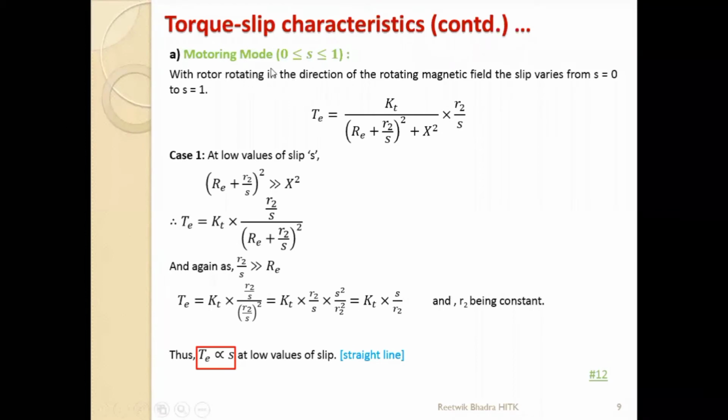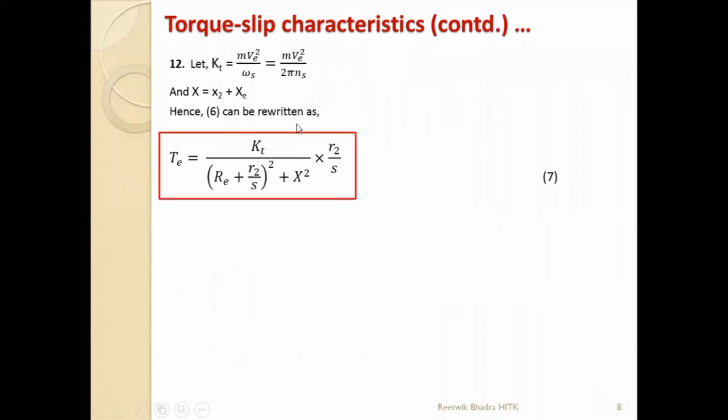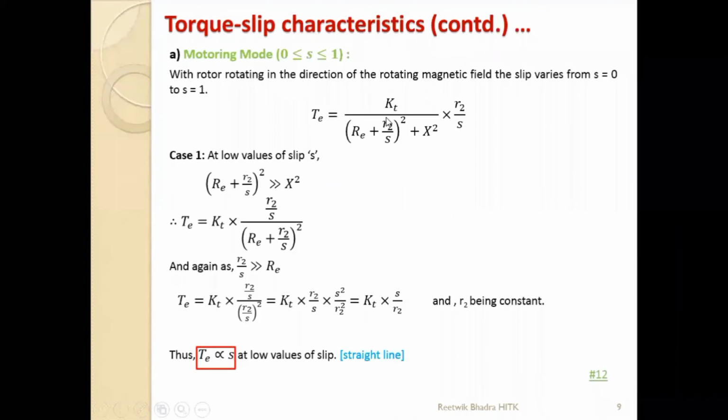Now in motoring mode the slip ranges from 0 to 1, and my torque equation which we have derived, this red color box on the last page, kt by this one into R2 by S, that's what I have written over here. Now the motoring mode is classified into two cases.